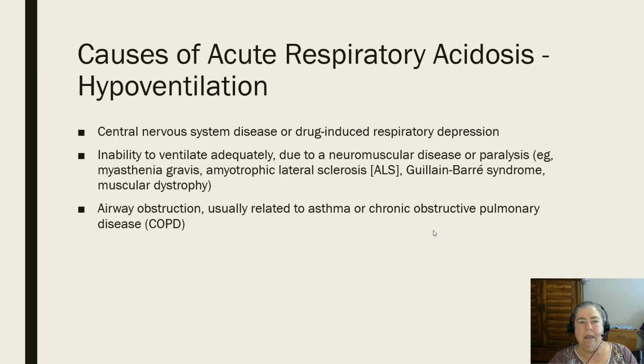People who have neuromuscular diseases can develop a rather acute decrease in breathing, something like Guillain-Barré syndrome, where they develop an ascending paralysis and are unable to breathe effectively. Worsening myasthenia gravis or ALS or muscular dystrophy can also cause hypoventilation acutely. And then airway obstruction related to asthma or an exacerbation of COPD.